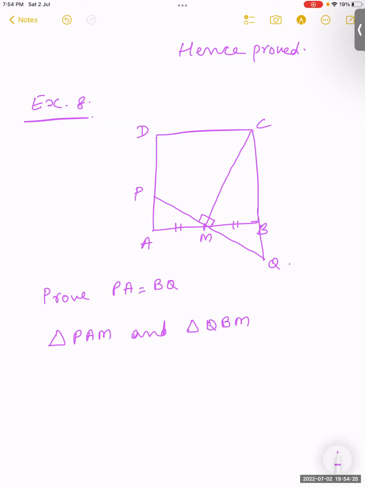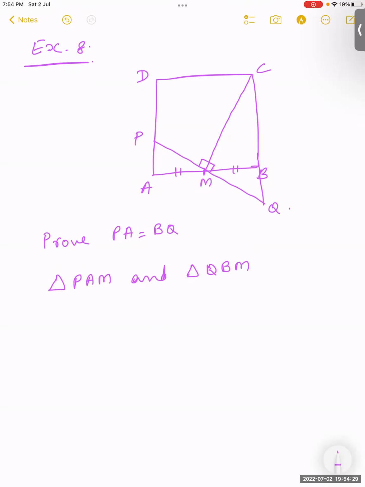We are just considering two triangles, and after proving, only then will we say in which order they are congruent. When you say the congruency, you have to be careful about the order in which you write the vertices. At the moment you can write in any order because you are not establishing the congruency. Now you are going to establish it by proving. How are you proving? By writing AM is equal to BM and all that.